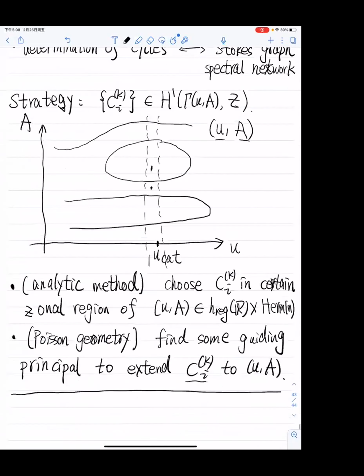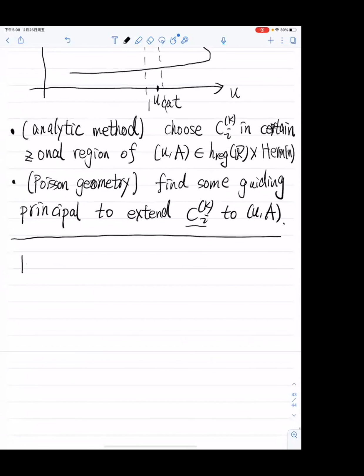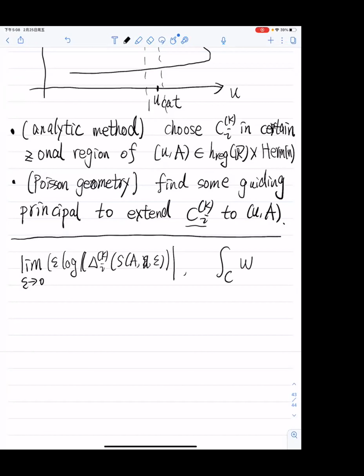So recall that we want to compare some analysis data, that is a limit of the Stokes matrix, defined by U and A, and then try to compare it with some period on a spectral curve defined by the same U and A.